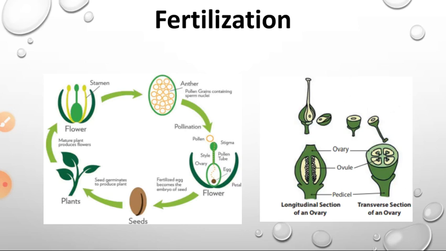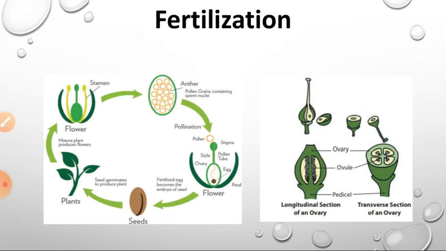And next, if the pollen reaches the stigma, what is the next process? The fertilization process. Pollination and fertilization are only helpful in sexual reproduction.